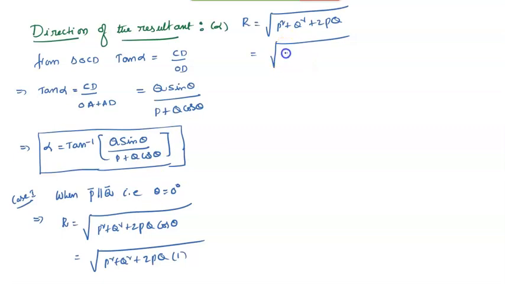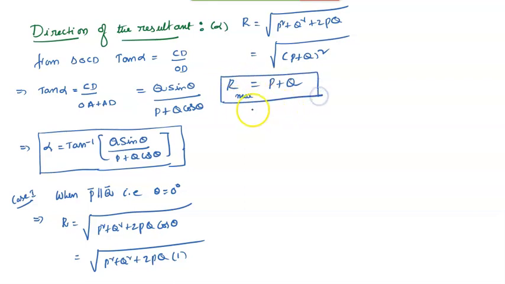The square root gets cancelled, so R is equal to P plus Q. This is the maximum of the resultant of the two vectors. R maximum is equal to P plus Q.